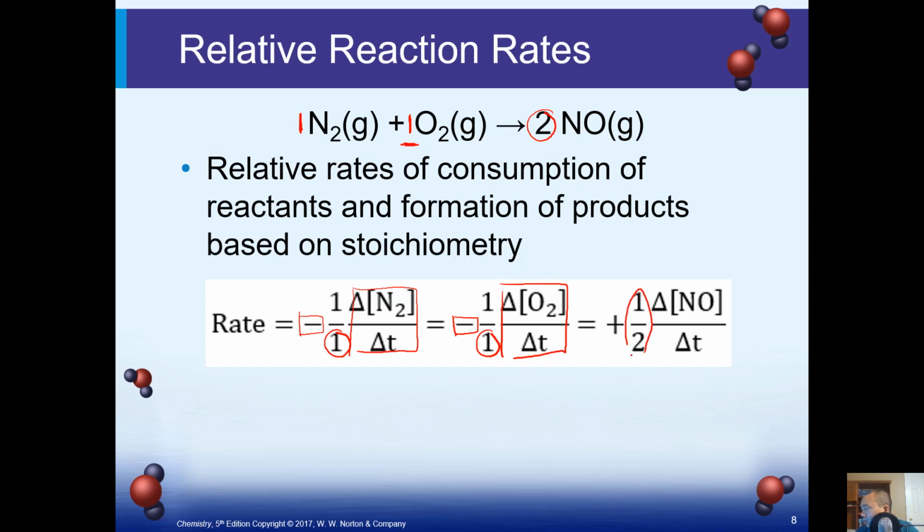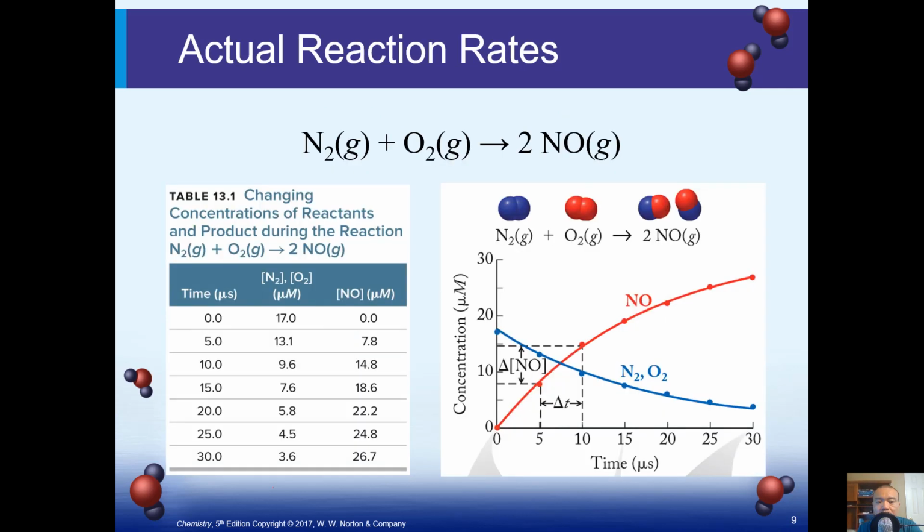So the inverse of that 2 times the corresponding rate of change. These rates will be exactly the same after they are multiplied by the inverse of the corresponding chemical coefficient. We have more examples in the problem set.